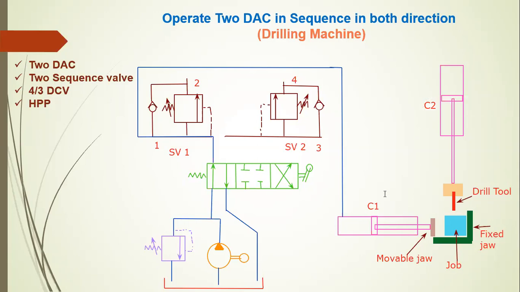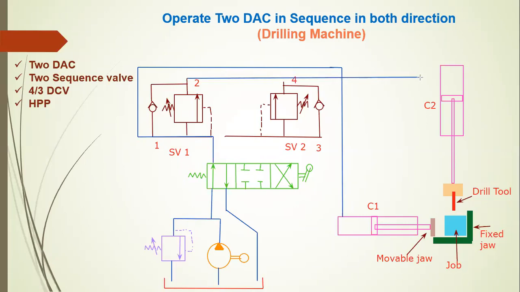After the completion of the extended condition in cylinder 1, the oil passes from the second position of the SV1. Here the oil passes from SV1 to cylinder 2 for an extended condition.